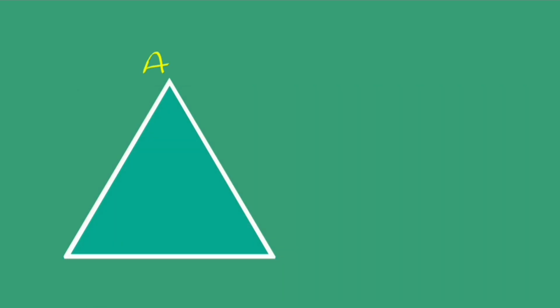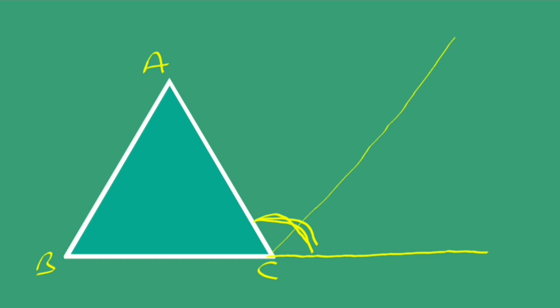This point is A, B, C, and I am extending this BC line up to here. Now this angle is the exterior angle. Now I am drawing an exterior angle bisector, called the exterior angle bisector. Now this B angle is an interior angle.